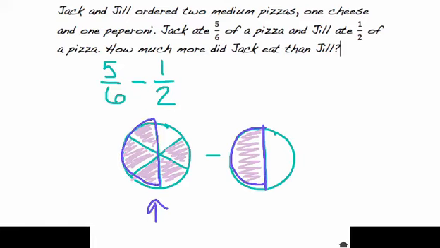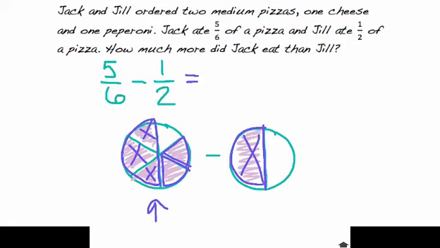So if we get rid of these 3 slices, what are we going to have left? Since we subtracted them, this no longer exists either. All that's left is this piece and this second piece. So from this picture, we can tell that after you take the half away from Jack's pizza, there are 2 slices remaining that he ate.